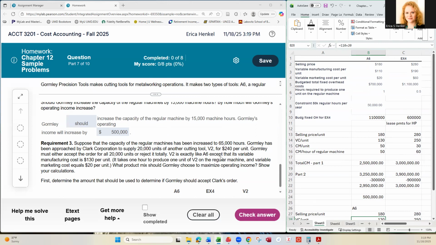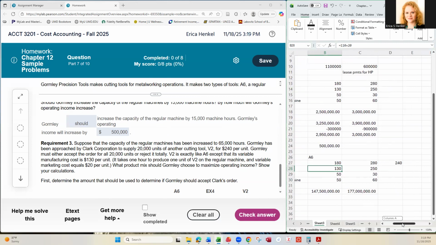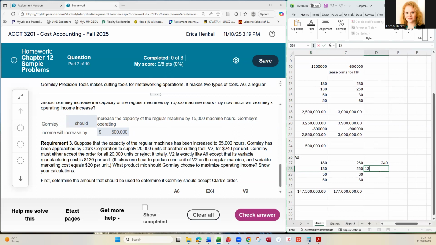But let's see here. Oh, but it sells for 240 a unit. Yeah. So they make it sound like everything changes except for that, but it's, yeah. And variable marketing cost.